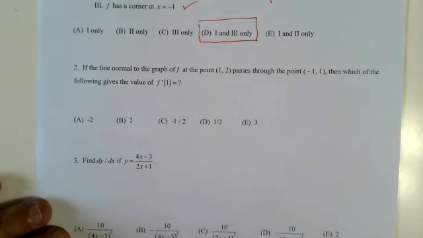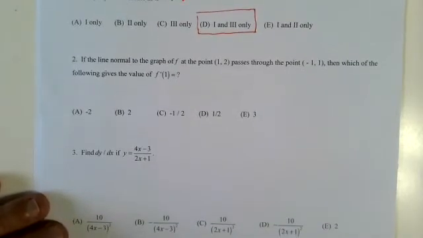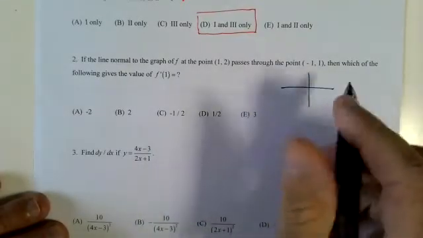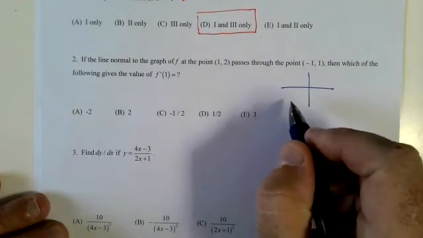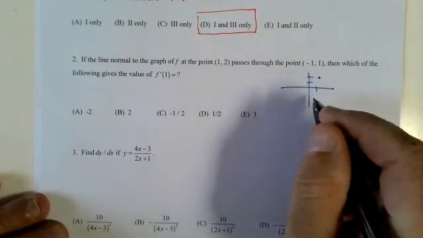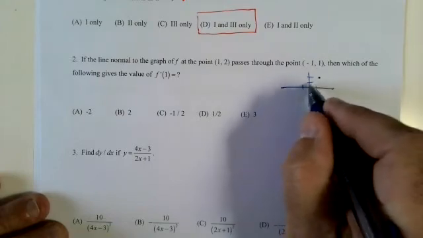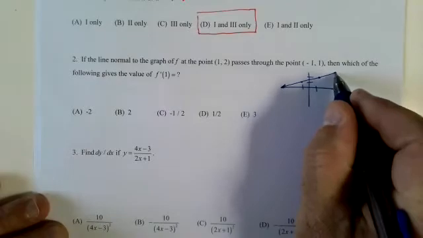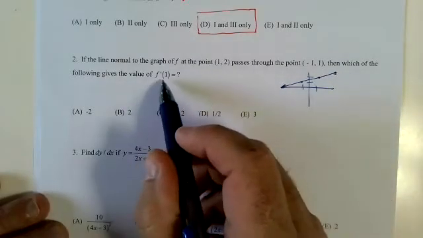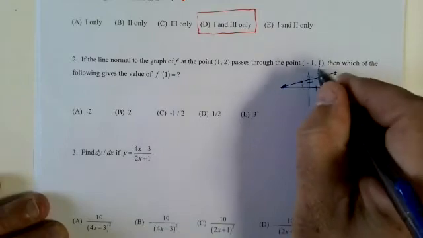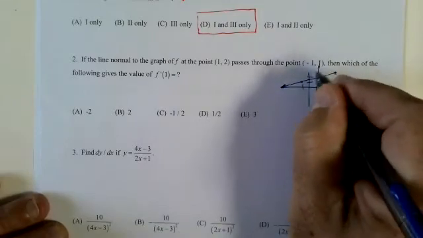If the normal of the graph of f at the point 1, 2 passes through the point -1, 1, which of the following is the value of f prime of 1? So, in other words, there's some weird curve here, who knows?